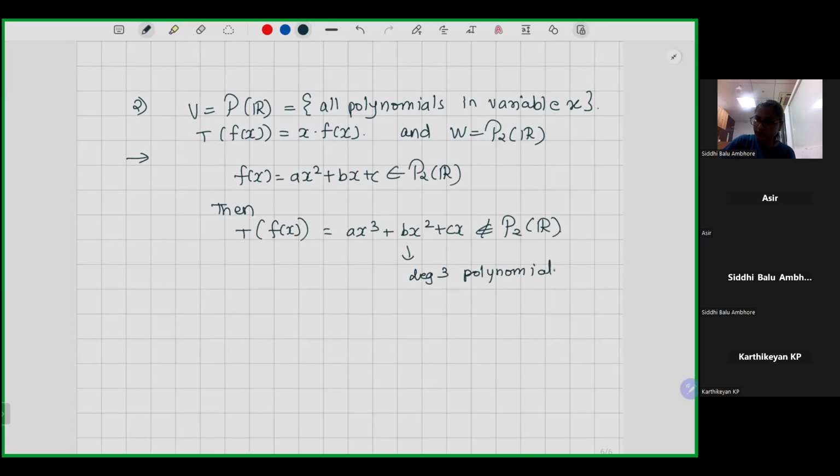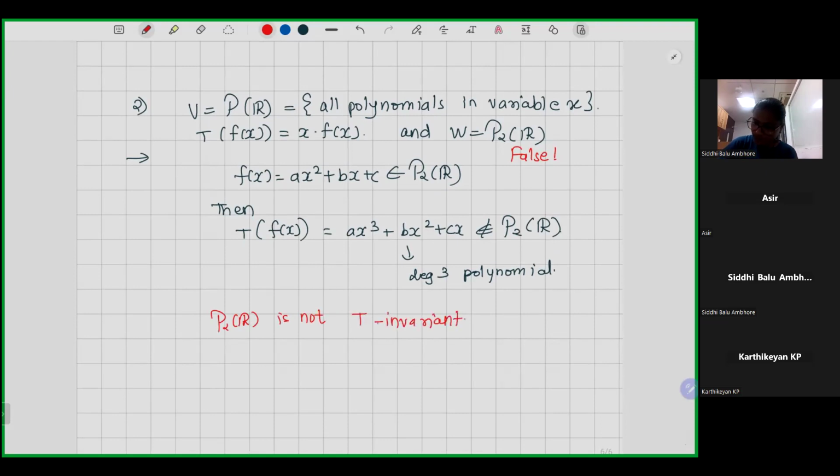So that's why this is not W invariant. So P2(R) is not T invariant.